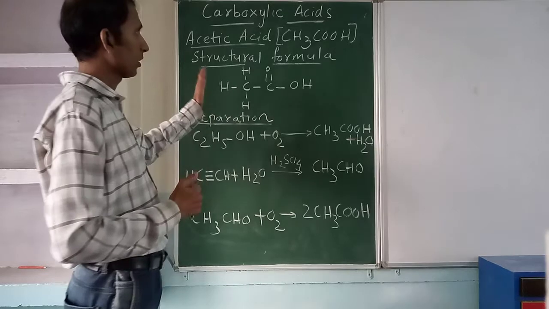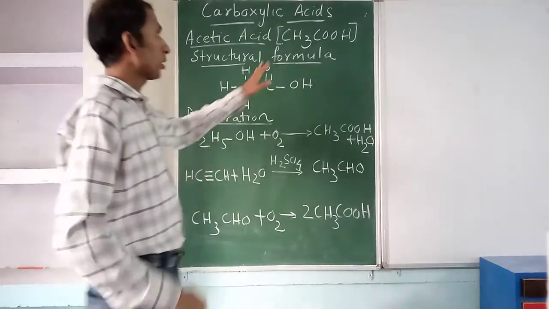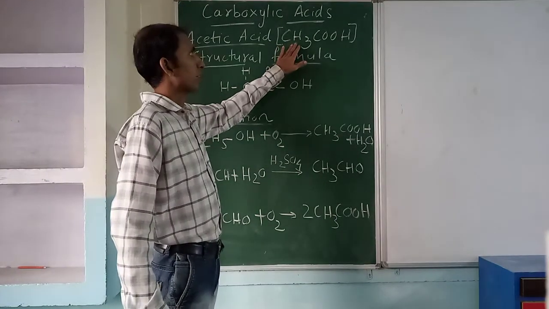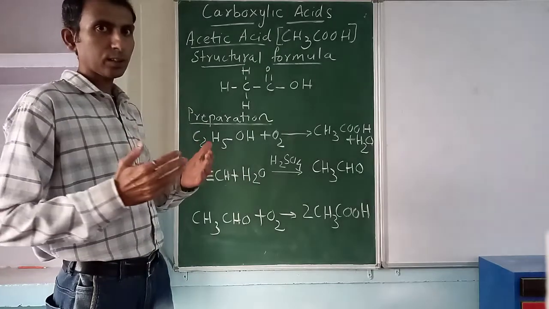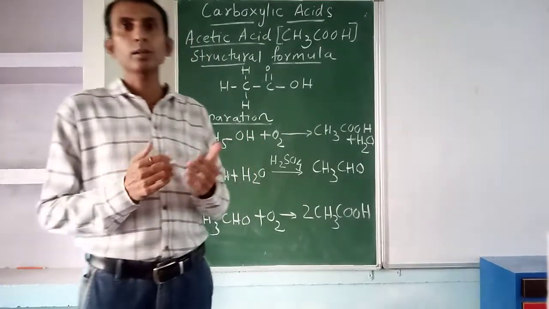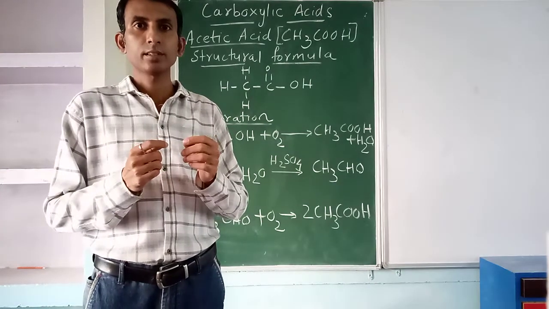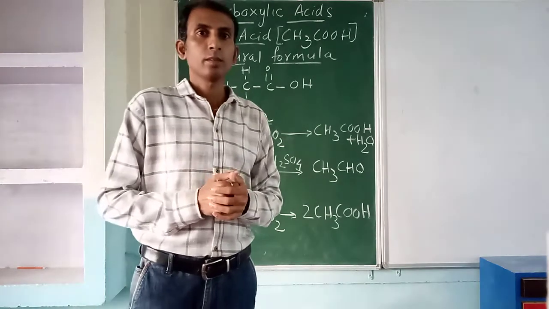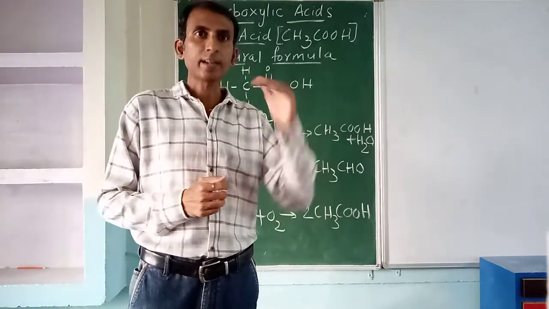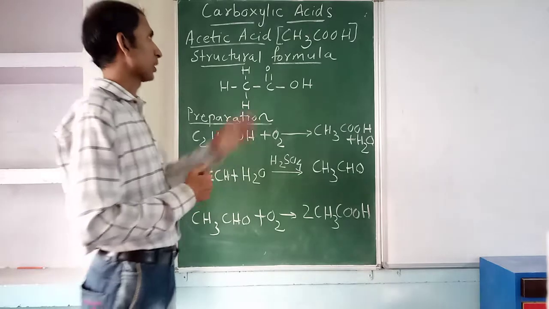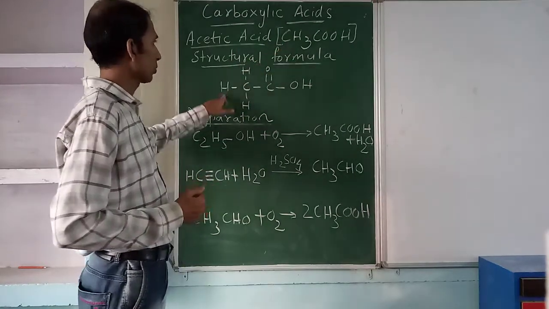So let us study first the structural formula of acetic acid. Molecular formula you have to know, CH3COOH. Now you know what is structural formula. You have to show the proper bonding between each atom in a molecule, showing the covalent bonds between carbon and other atoms. Now see, CH3 means 1, 2, 3.